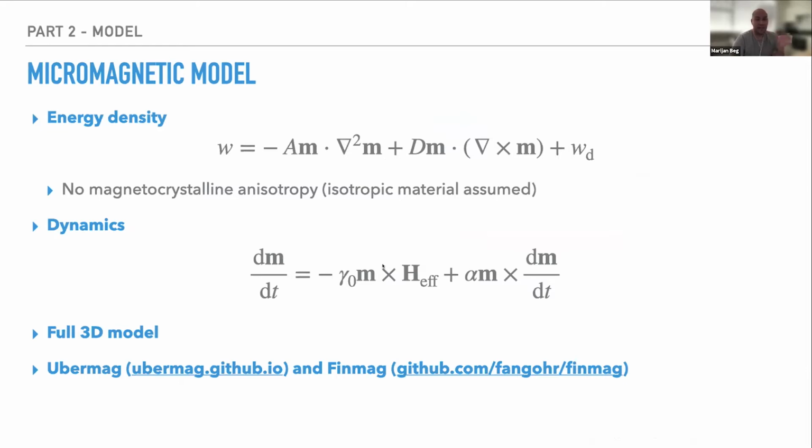In the beginning, I will just show simple dynamics, which is the well-known LLG equation. We simulate a full 3D model, which means we don't make any assumptions about translation invariance of magnetization in the Z direction. For the simulations that I'm going to show you today, we use 2 different simulation tools that we developed. One is called UberMag and the other is called FinMag, and you can have a look at these links if you're interested in more details.